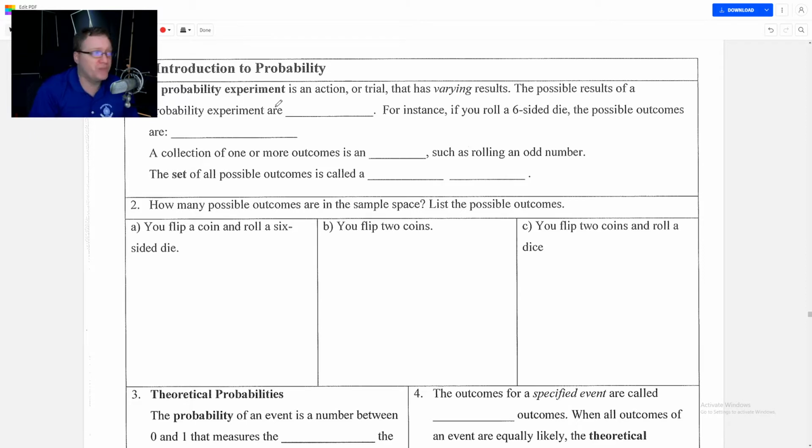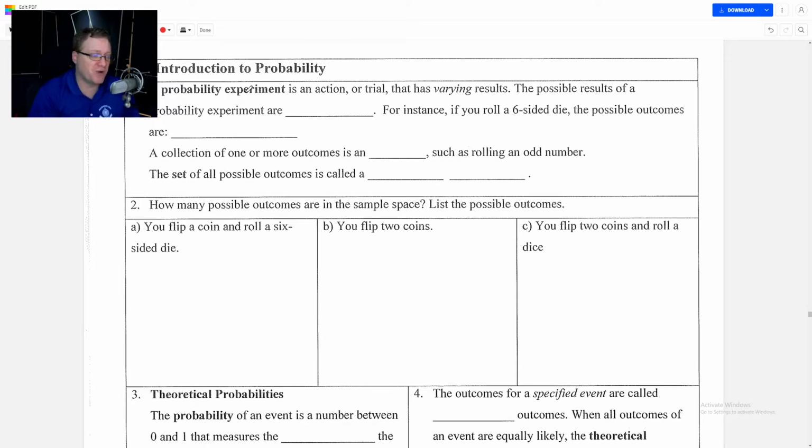So an example of a probability experiment would be rolling a die. If you roll a die, there are many things that could happen. You could get a 1, a 2, a 3, a 4, a 5, or a 6. And we don't know which one is going to happen before we roll the die. So that is called a probability experiment.